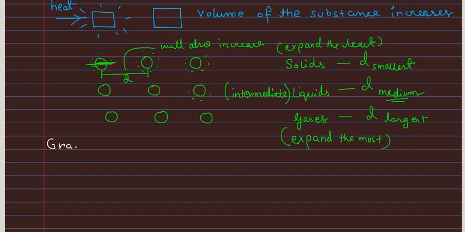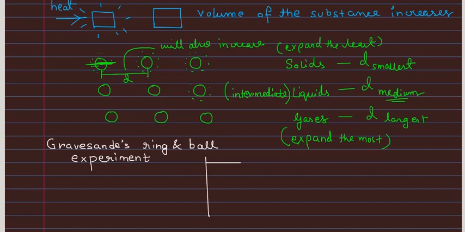This experiment is the Gravesande's ring and ball experiment. It's a very basic experiment. There is nothing difficult to understand in it, so I will just draw a setup first, which will make the thing even more clear.